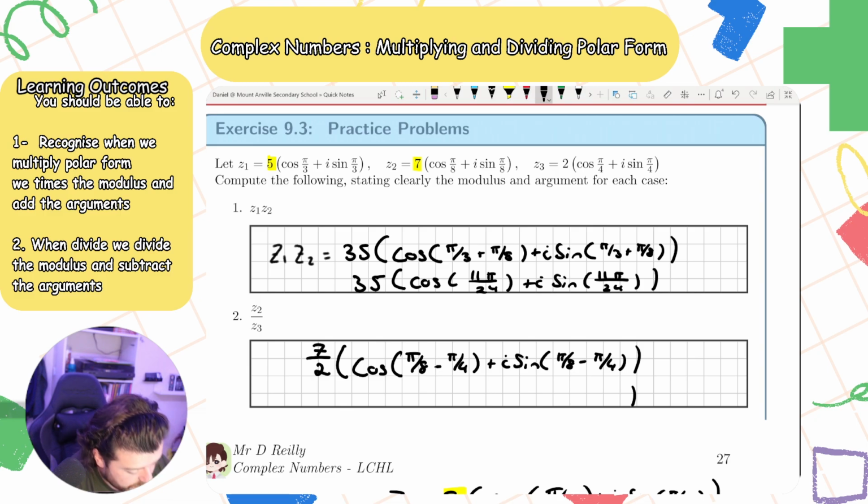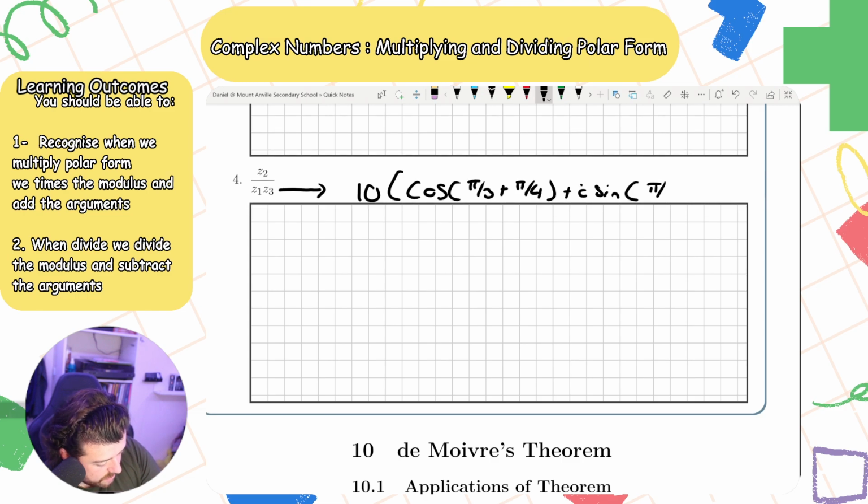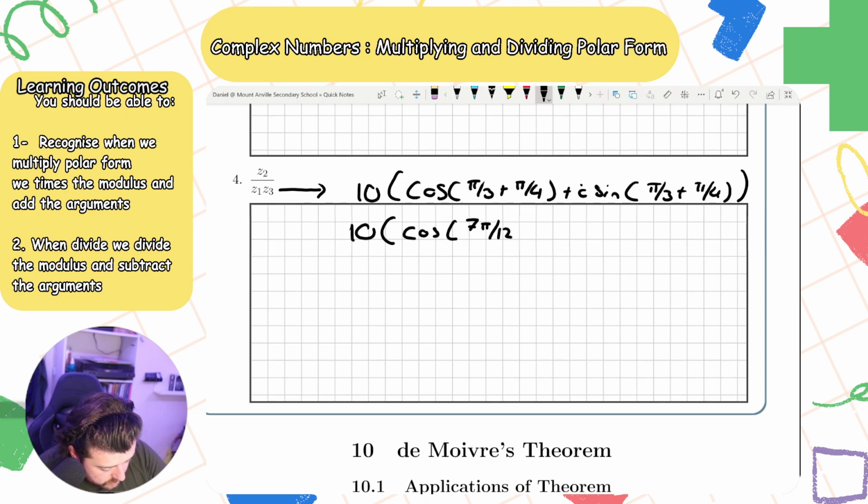Multiplying them together, 5 times 2 is 10, and then it's cosine of pi over 3 plus pi over 4, plus i sine of pi over 3 plus pi over 4. That's going to be 10 times cosine 7 pi over 12 plus i sine 7 pi over 12.